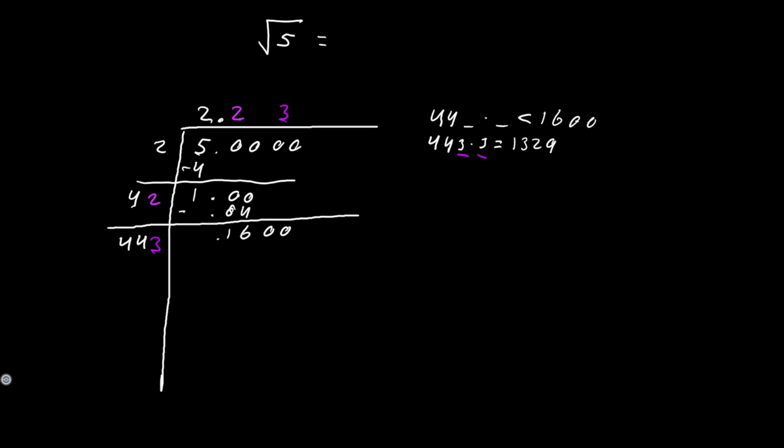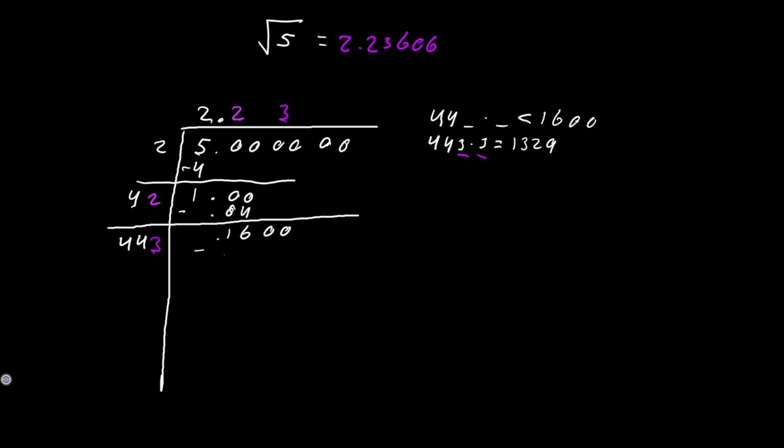So let's go ahead and look at the value of it from a calculator, see if we are getting the right digits. So the square root of 5 is 2.23606. And let's see if we get 6 in our next digit.